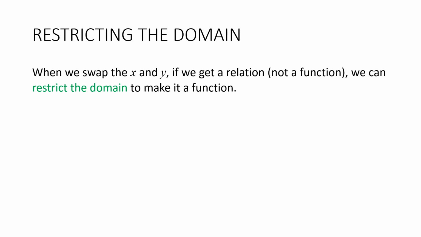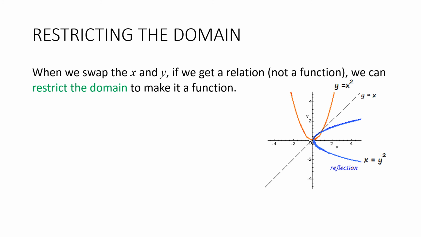Now when we swap the x and the y, if we get a relation and not a function like we just did, what we can do is restrict the domain to make it a function. So we talked about this earlier in the video. So here's our little friend here, y equals x squared and x equals y squared. It is not a function when we do the inverse. So y equals x squared, switch it around, we get plus or minus the square root of x.